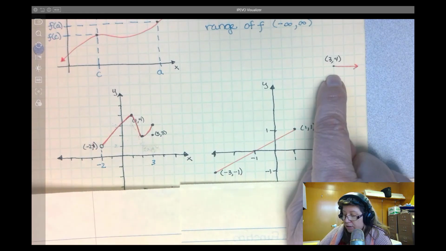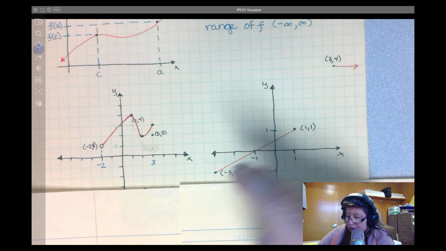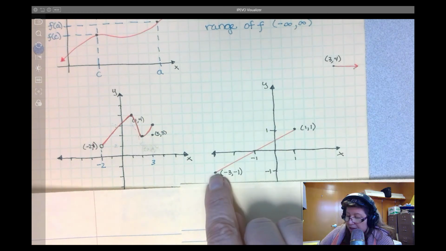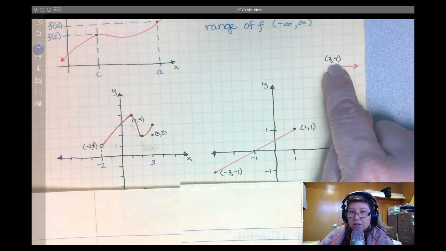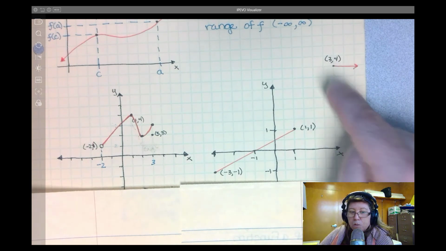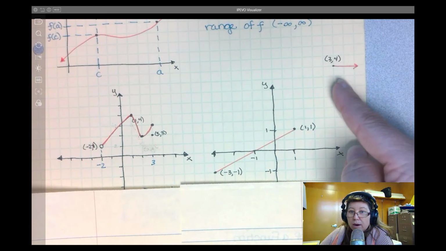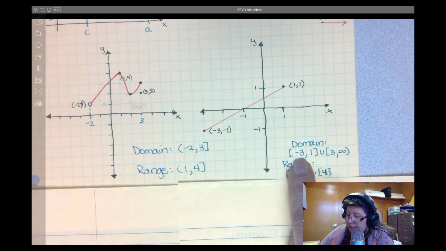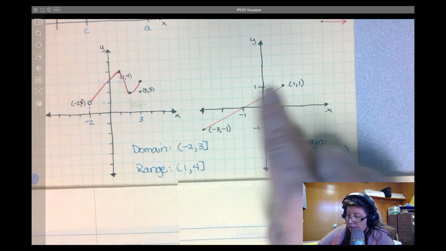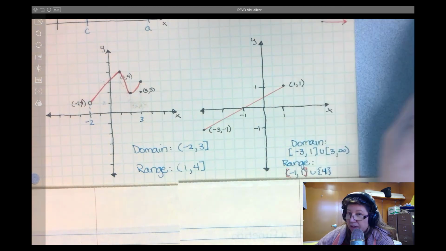Our range is where our y values are. It goes all the way from negative 1 to positive 1, and then boom, it goes up to 4. So our range is going to be negative 1 to 1, and then the value 4. So here's our domain: it is negative 3 to 1, and then 3 to infinity, because it goes off forever to the right.